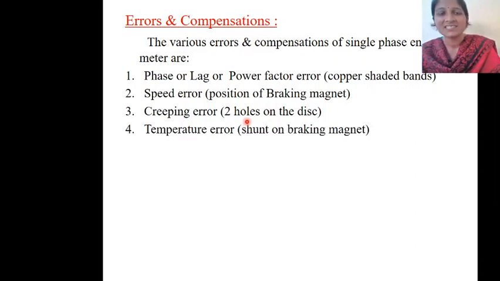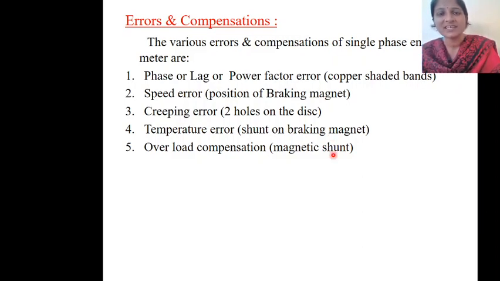Next one is temperature error. Because of temperature variations, there are errors in the energy meter. To avoid these temperature errors, a shunt on the braking magnet is provided. Next, overload compensation. If there is overload, that means too much load is connected to the energy meter, then also an error will occur.